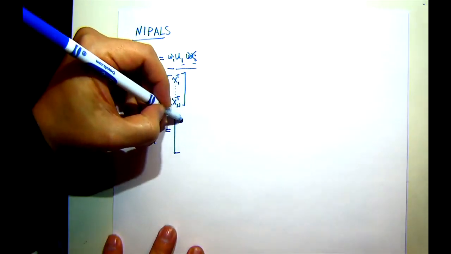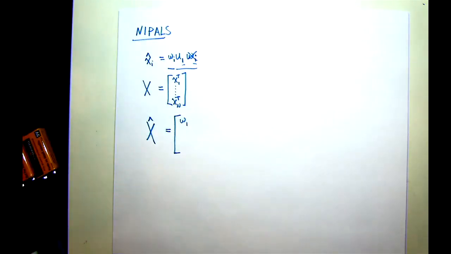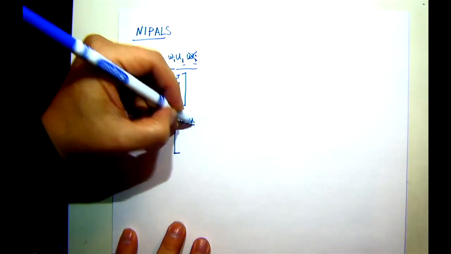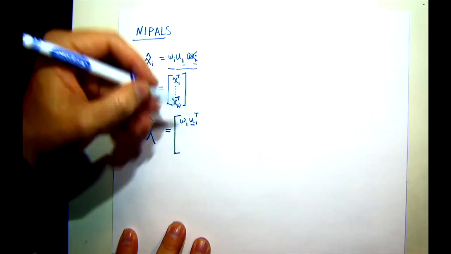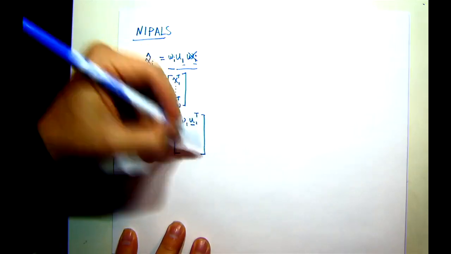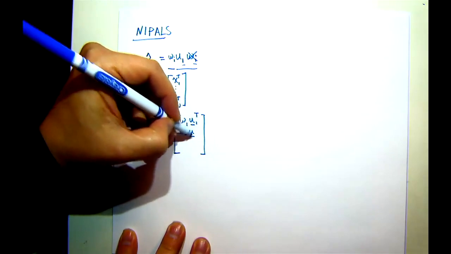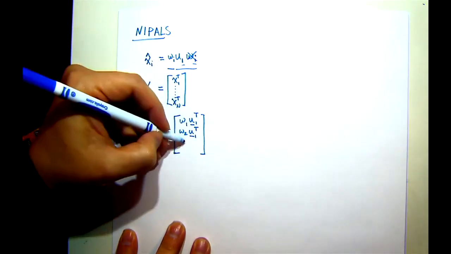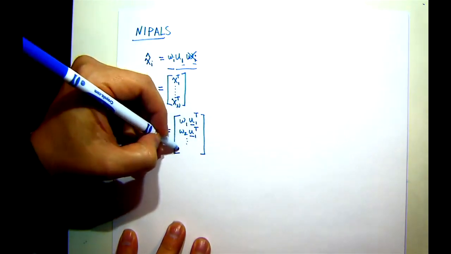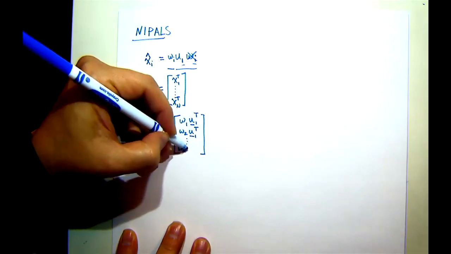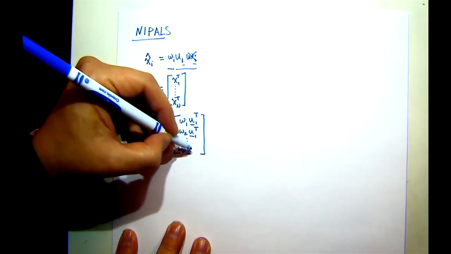So if we think about this, this is the weight associated with data item 1 times the principal component 1. And then we have the second data item, and we're still only looking at principal component 1. And this is down to n, principal component 1.